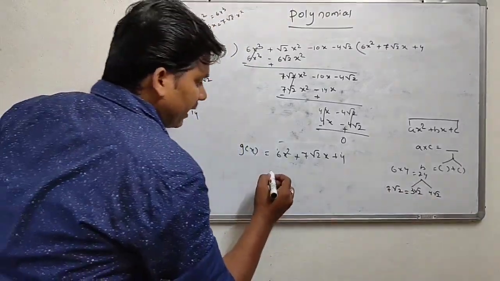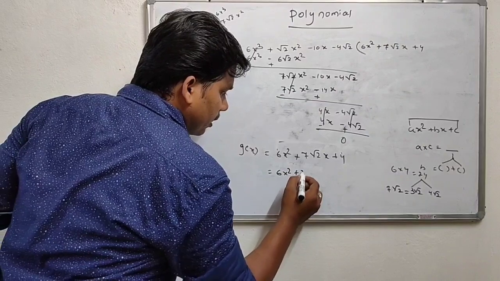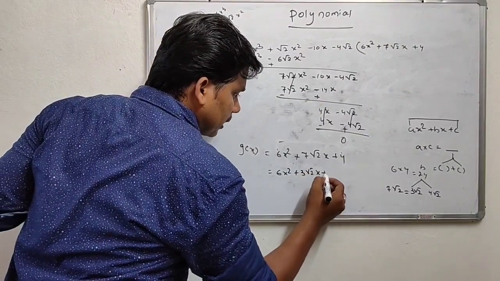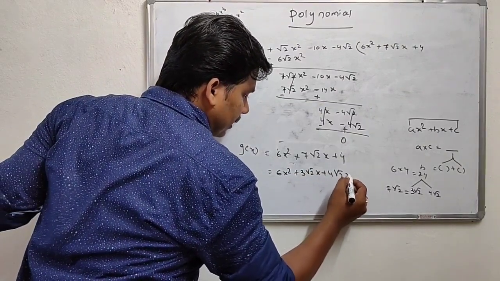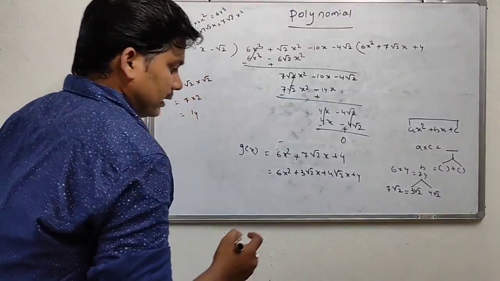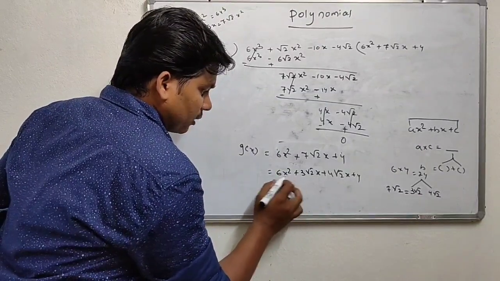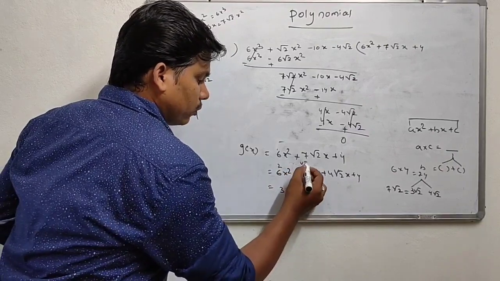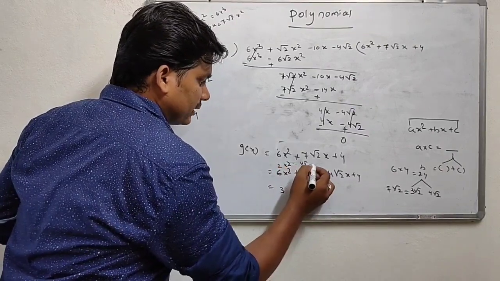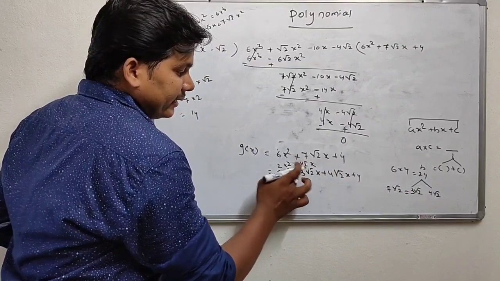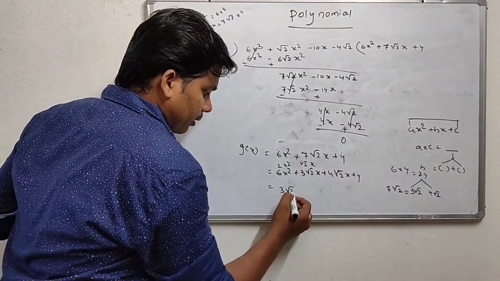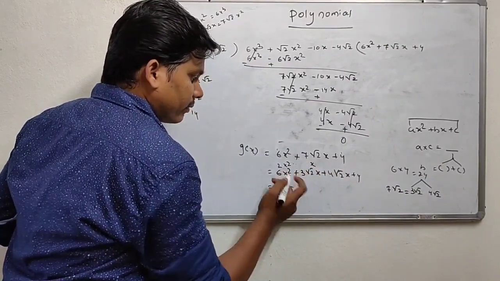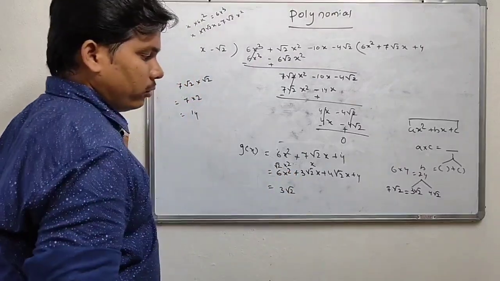That's why I will write this as 6x square plus 3 root 2x plus 4 root 2x plus 4. Here, 3 is common. What I will get here, the remaining is 2, root 2, x square, and x. In these two, I can take root 2 as common. Then the remaining is only root 2.